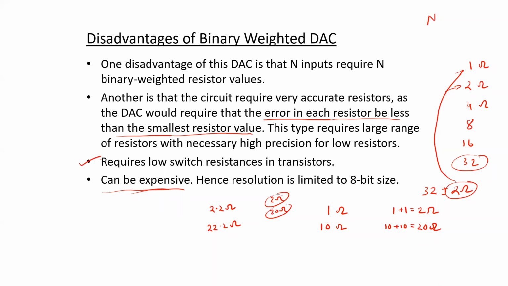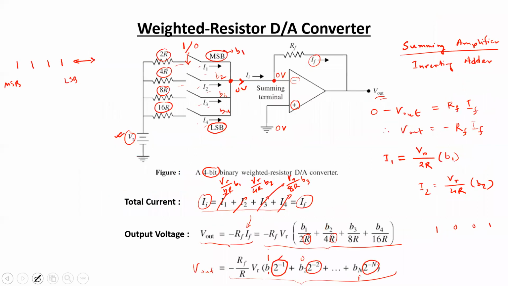And the third point states that this particular design requires low switch resistances in transistors, because although a simplified switch is shown over here, in practical applications, when a feasible design has to be made, the switches are supposed to be made using BJTs or MOSFETs.